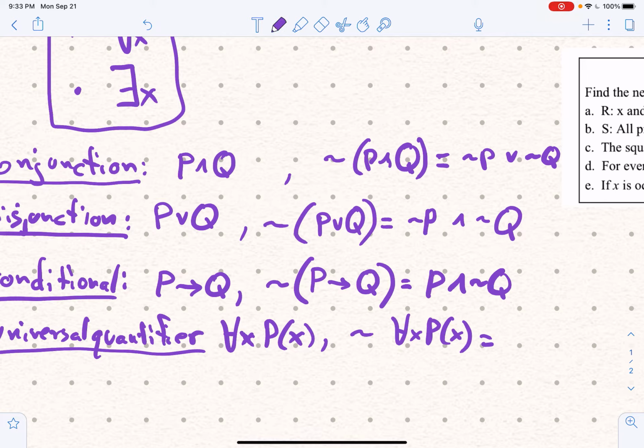So we would write it like this: there exists an x such that not P of x. That is to say, the negation of the statement for all x, P of x, is there is an x such that not P of x. This is a little bit like saying if it's not true that P holds for every x, then there is an x for which P does not hold.